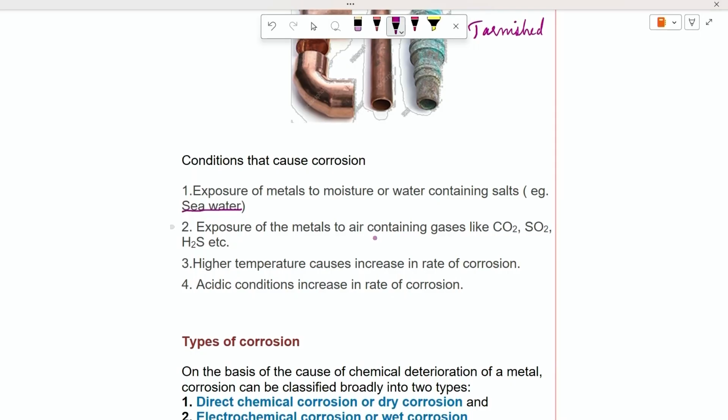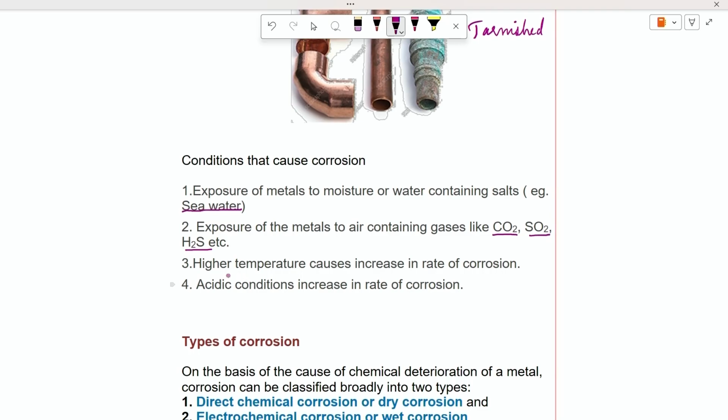So, in the presence of that also the metal gets corroded. Then exposure of metals to air containing gases like carbon dioxide, sulfur dioxide, H2S, etc. These gases are capable of converting the metal into their compounds.